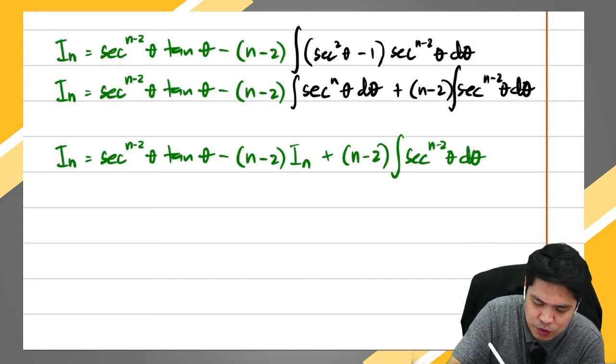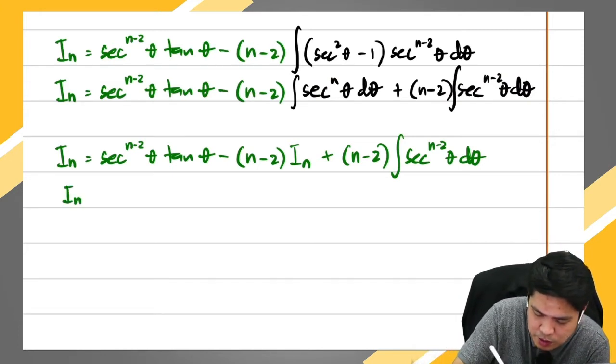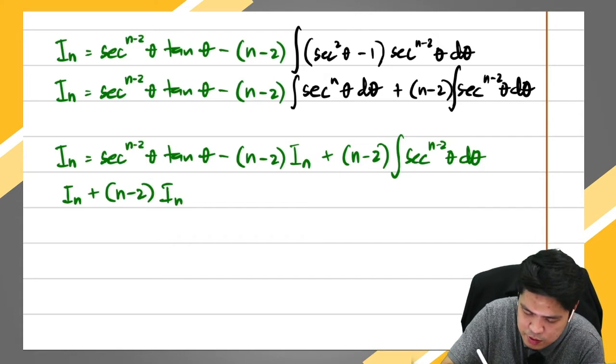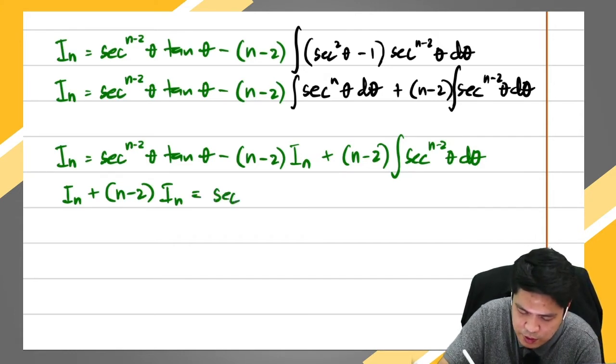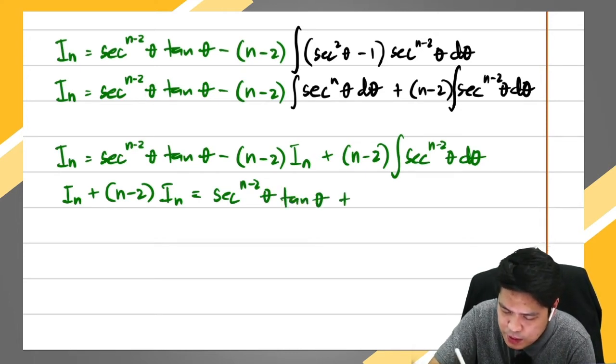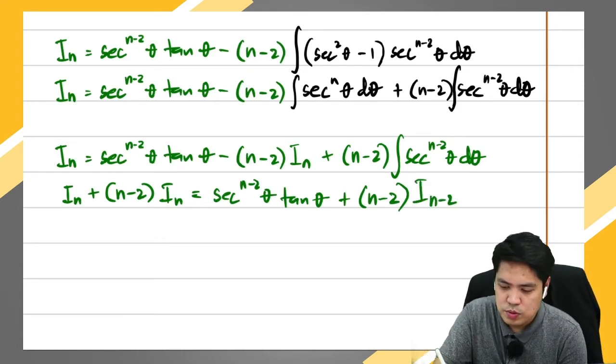So therefore, we could say that this becomes I sub n plus n minus 2 I sub n, that is equal to secant raised to n minus 2 theta tangent theta plus n minus 2 I sub n minus 2 plus c.